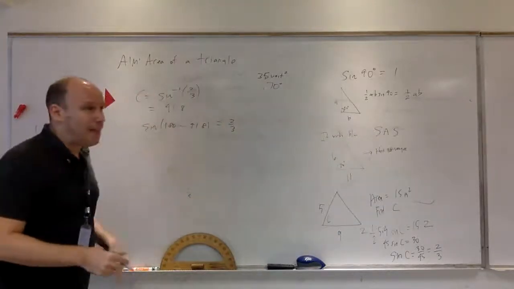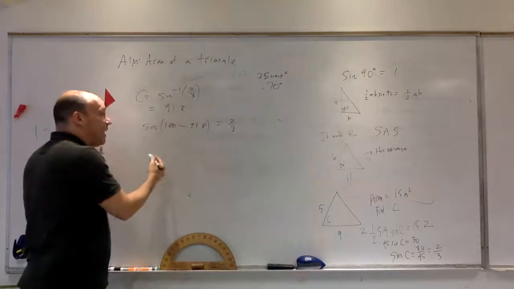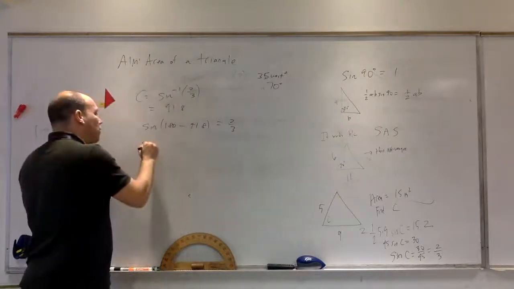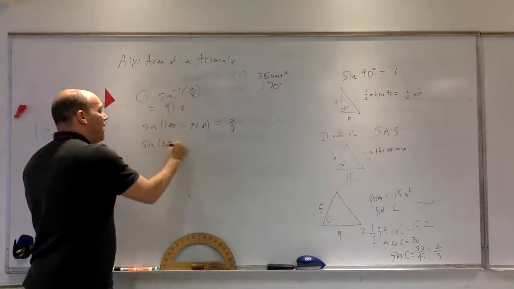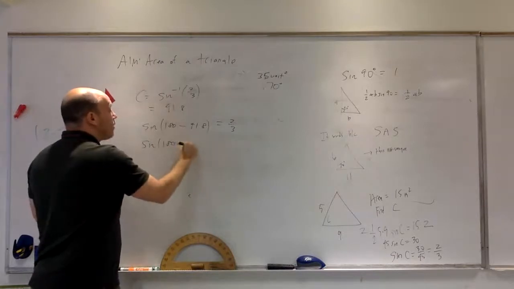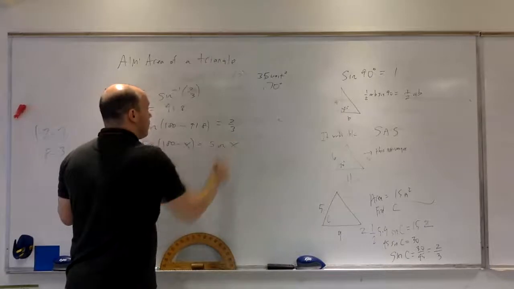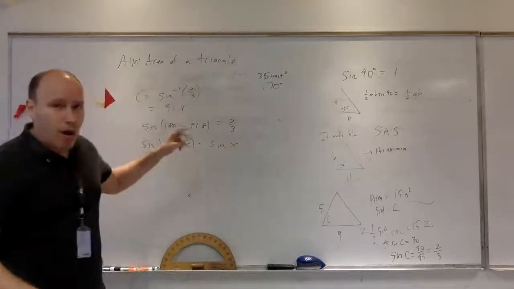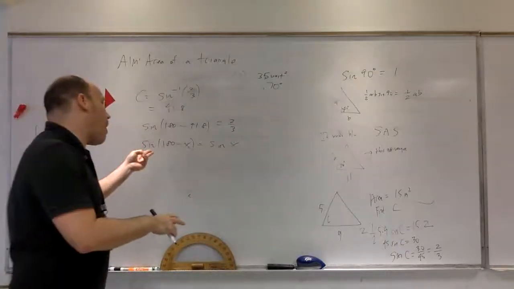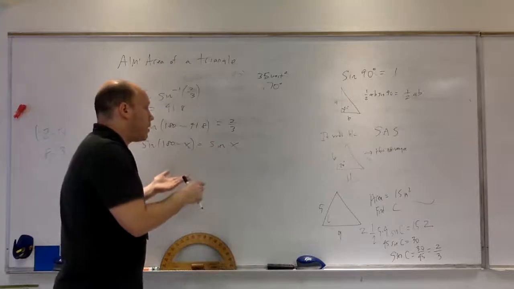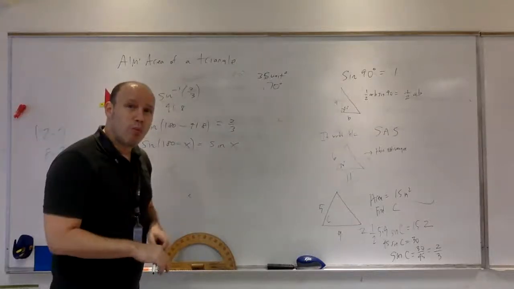In an advanced math class, we'll be exploring the identity that the sine of 180 minus x is equal to the sine of x. I'm not asking you this here at all, but it's something to think about. And that's it. So work on the homework.